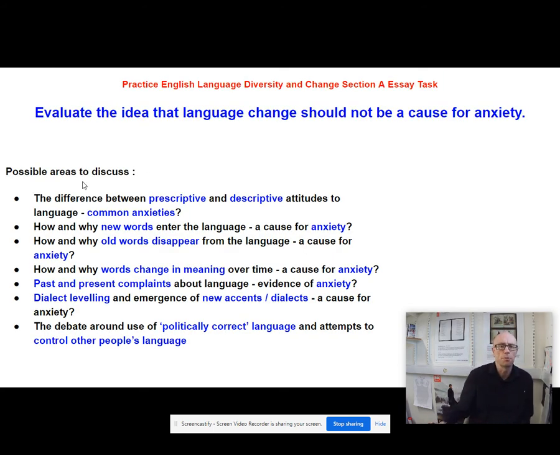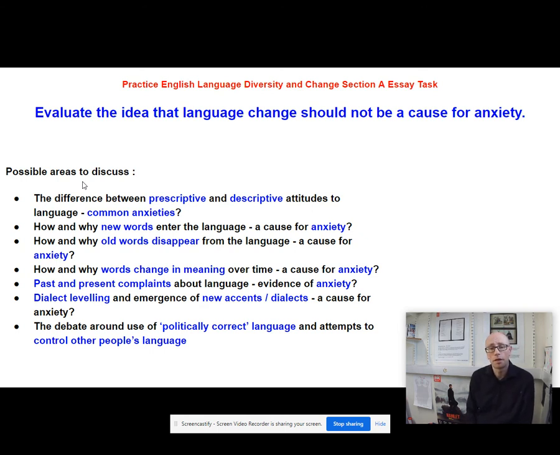Here are the different possible areas that you could be discussing. You could be discussing the differences between prescriptive and descriptive attitudes to language and how that links in with anxiety. You could be looking at how and why new words enter the language, how they entered the language in the past, how they're entering the language now, and is this a cause for anxiety?